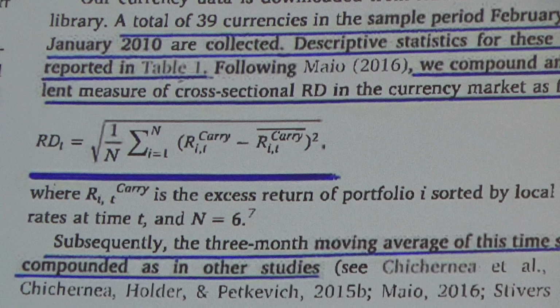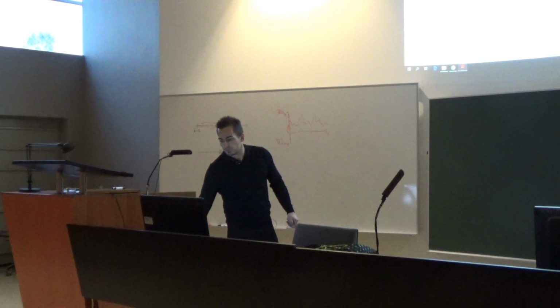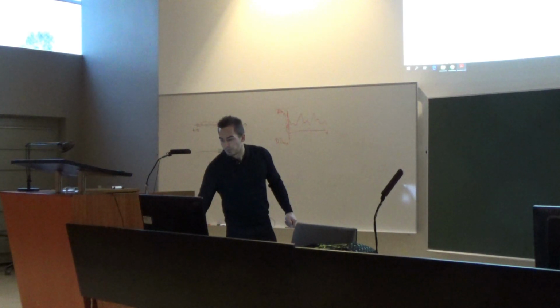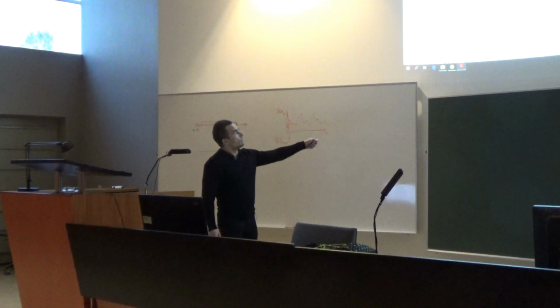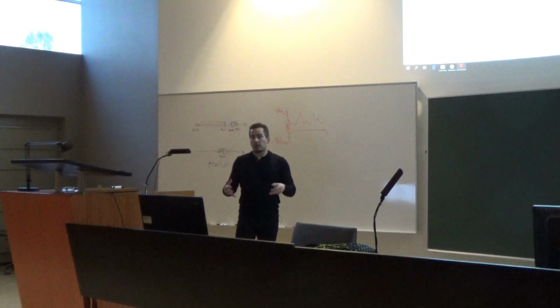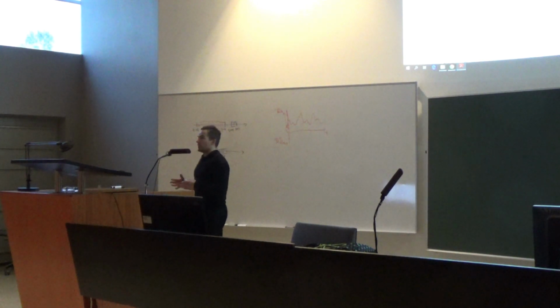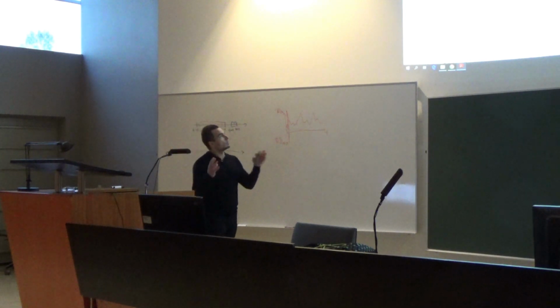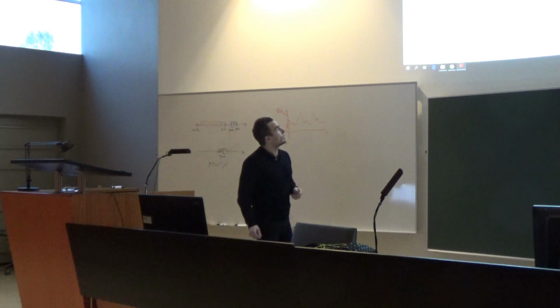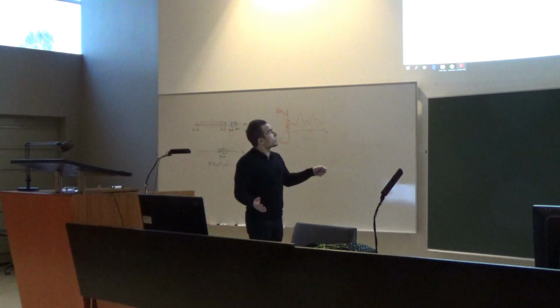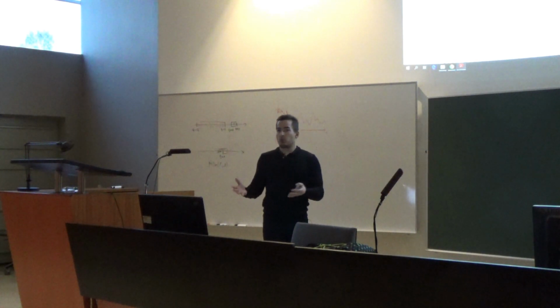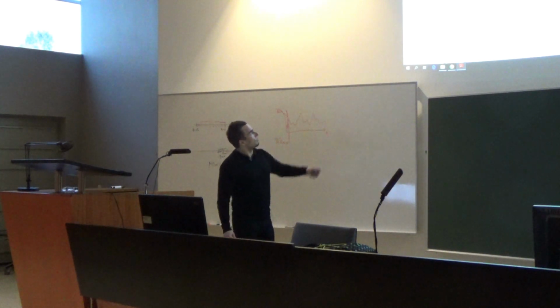Our measure for the currency market is given by equation 1 that we just talked about, and for the corresponding measure for the global equity market, we followed the 2016 paper by Maio. Paolo Maio is an extraordinary great researcher here in Finland from Hanken School of Economics. This guy publishes in the top journals basically all the time. So we downloaded 25 value-weighted global equity portfolios sorted by size and book-to-market ratio, and which data library do we use? Of course, from Kenneth French.